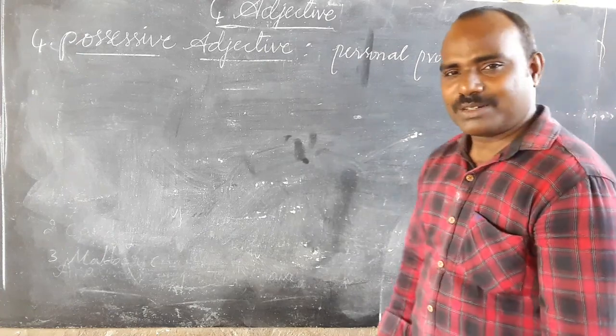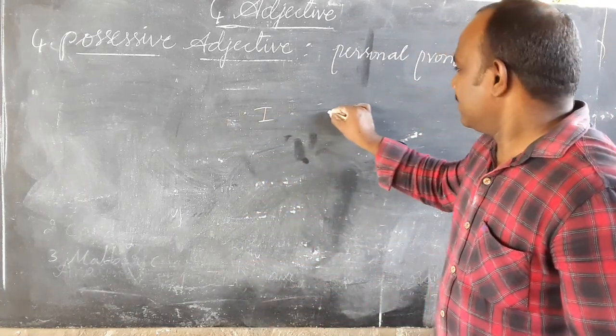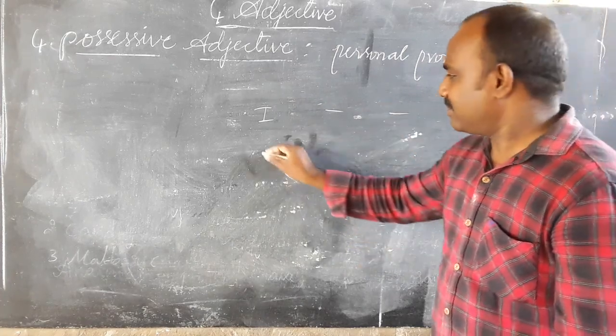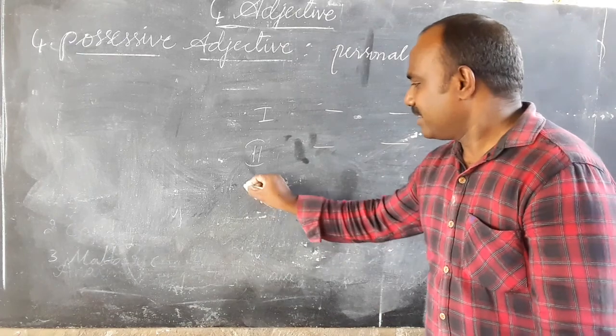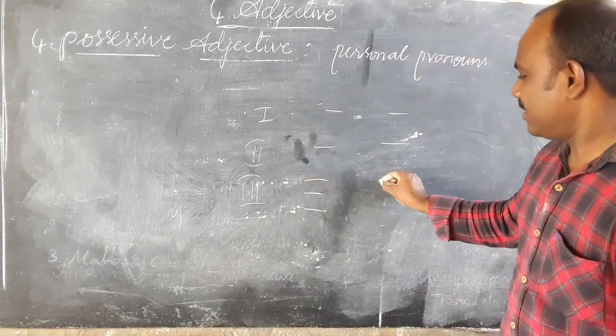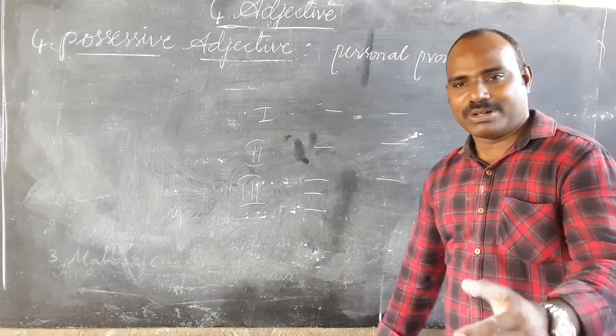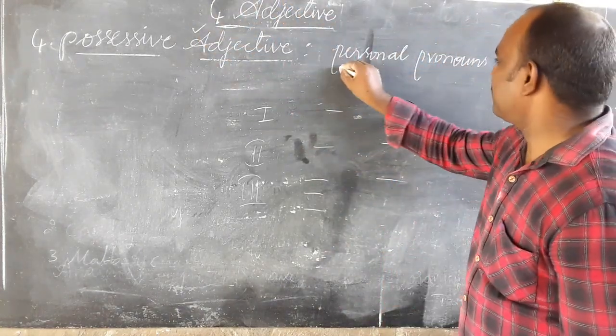Do you remember personal pronouns? See, first person, singular, plural. Second person, singular, plural. Third person, singular, plural. I think you remember. So these possessive adjectives are formed from these personal pronouns.